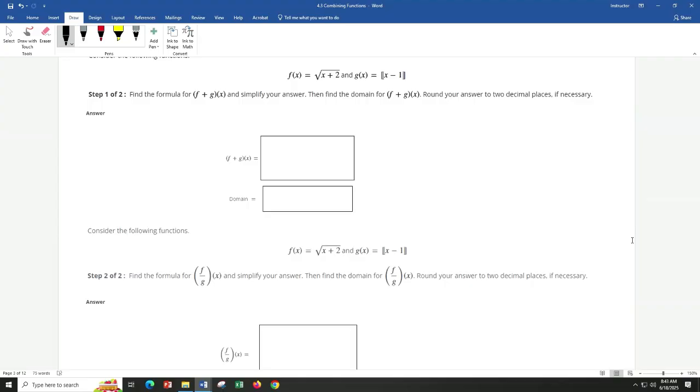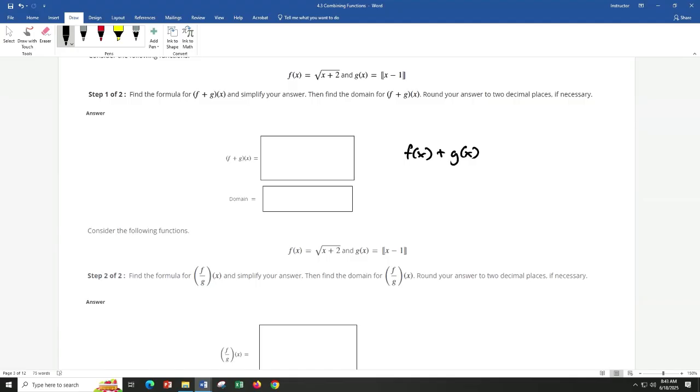So look at the first part of it, and it says, hey, find the formula f plus g of x and simplify your answer. Notice they're not saying evaluate, they're saying you're going to put these functions together. Whenever you have f plus g, you're really just going to take this f of x and add it to g of x and do any simplification if necessary, okay?